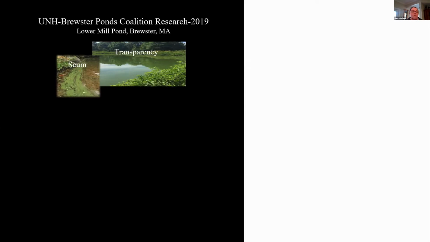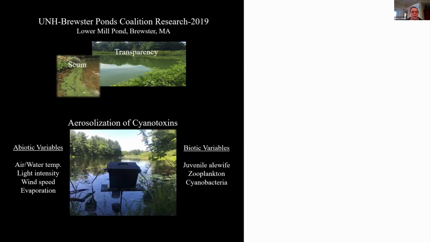Lower Mill Pond has a history of problems with cyanobacteria. Sometimes we see surface accumulations or scums in Lower Mill Pond, and it also has a problem with transparency throughout the summer season. So the project that was started was actually looking at the aerosolization of cyanotoxins in Lower Mill Pond, and you will be hearing more about this tomorrow.